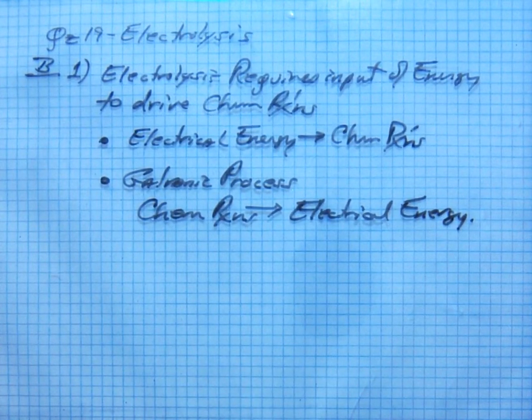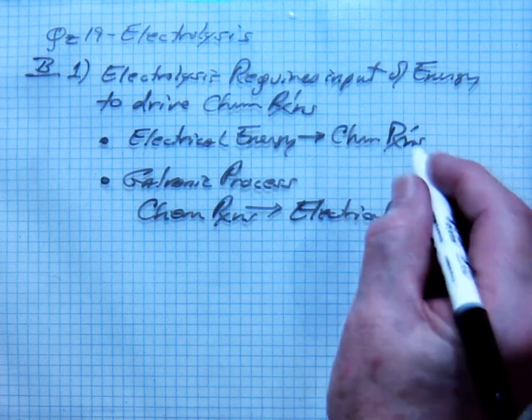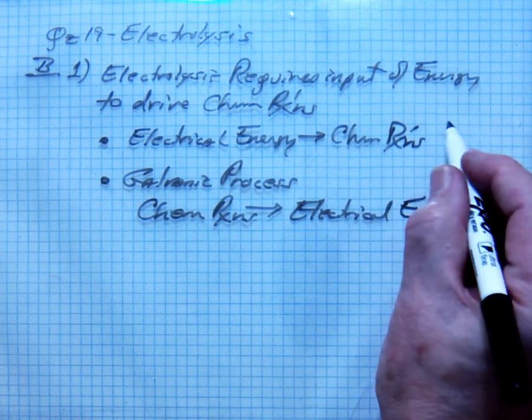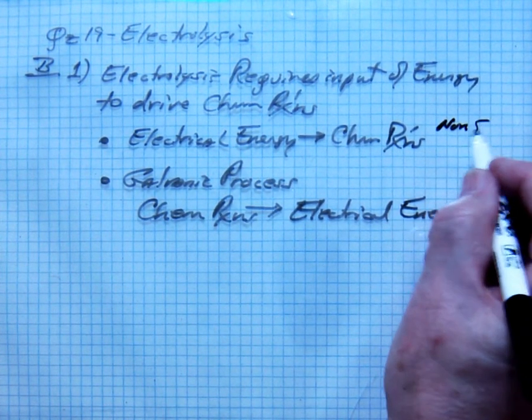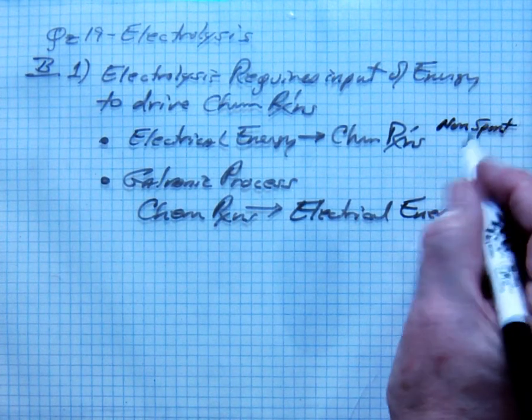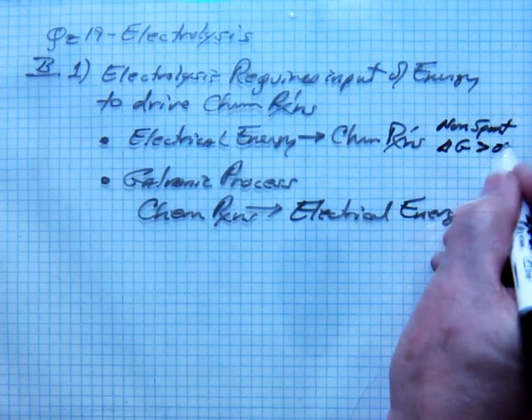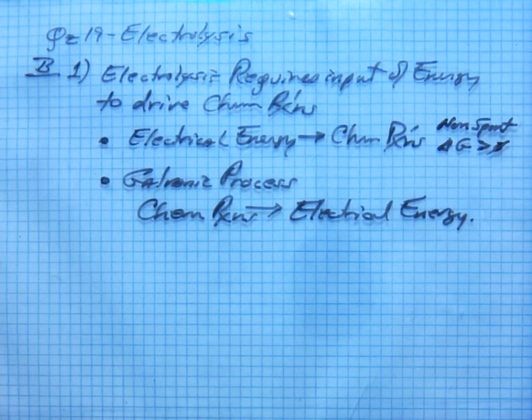Now, in the analysis of electrical energy producing chemical reactions, this is a non-spontaneous process, and therefore delta G is positive in the free energy arena of thermodynamics.